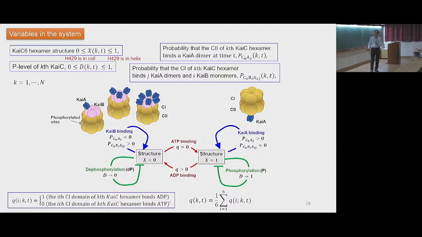And when ATP hydrolysis takes place, the ATP changes to ADP, then we assume that Q becomes positive, and that brings the X equals 1 structure to the X equals 0 state. So we assume the stochastic cycle of ATP binding, ATP hydrolysis, ADP release and ATP binding. This cycle was represented by generating random variables in the model.